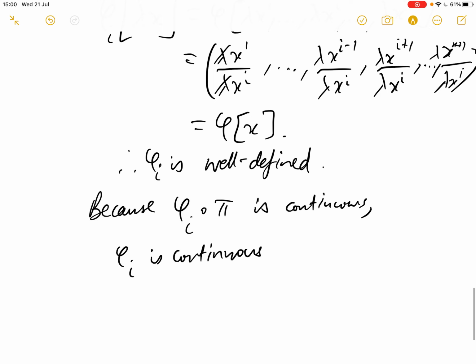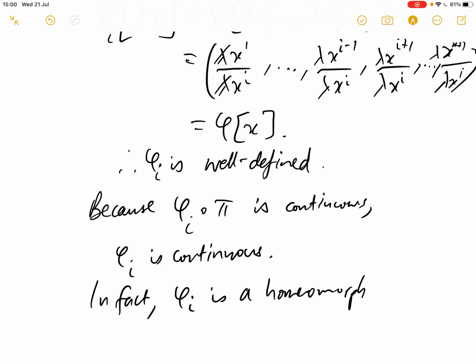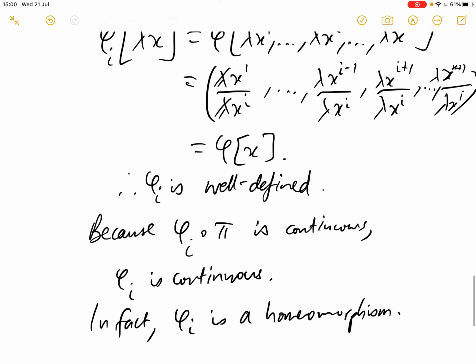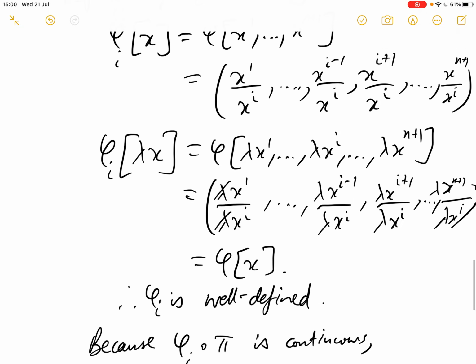That's by the characteristic property of quotient maps. And in fact, phi_i is a homeomorphism. So why is it a homeomorphism? Well, it's continuous. We can see that from the definition.